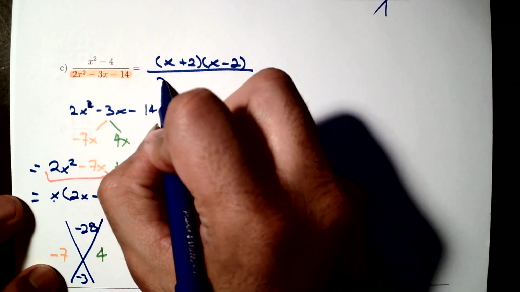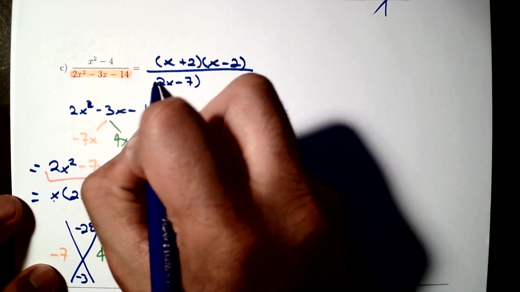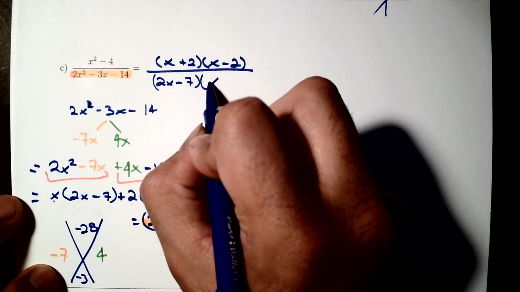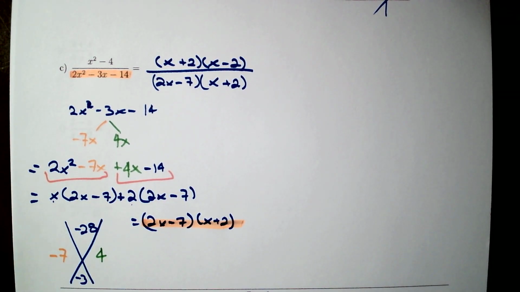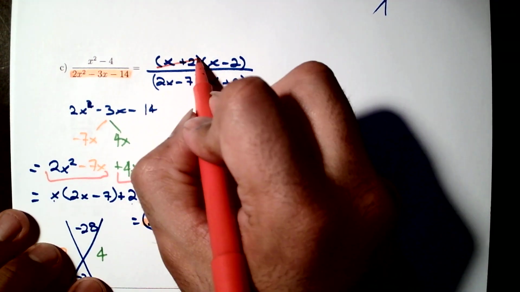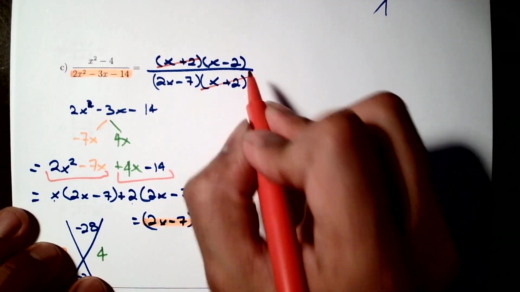So this will be 2x minus 7 times x plus 2. And let's see, do we have any common factors to divide out? Well, let's find out. Here we have an x plus 2 and then another x plus 2.